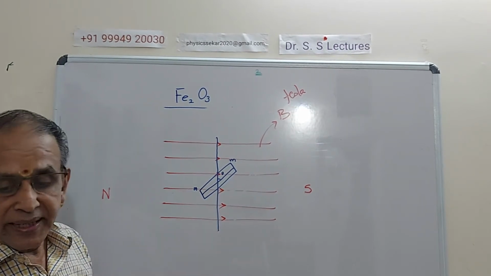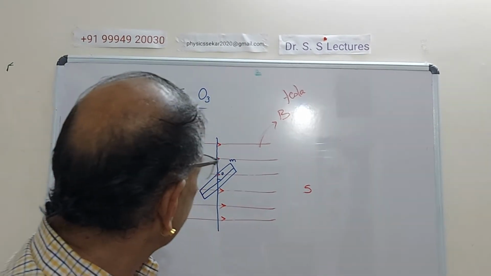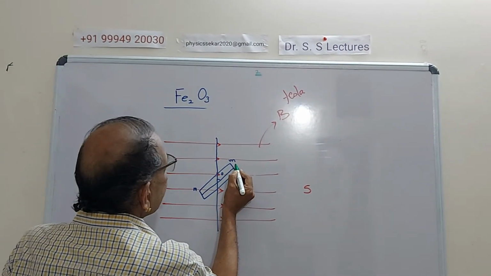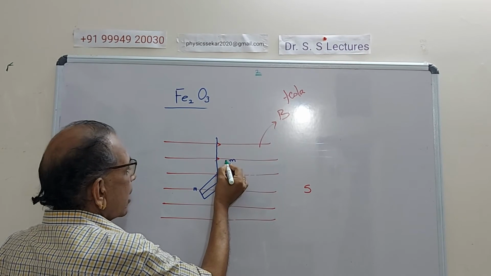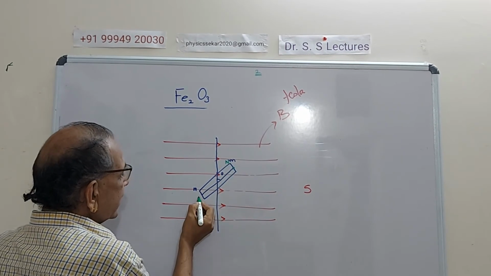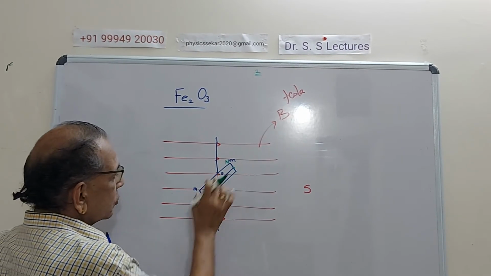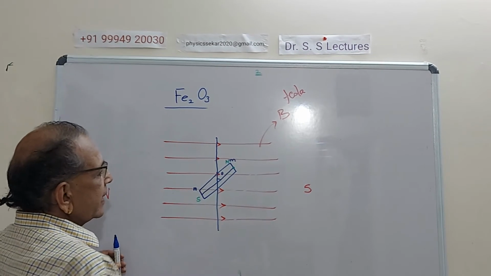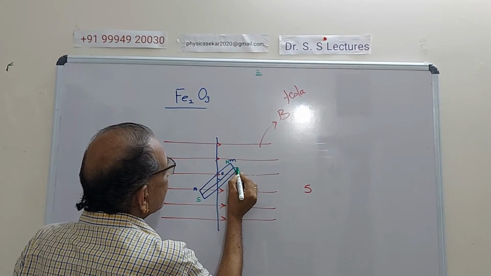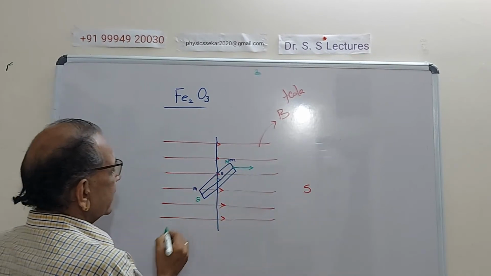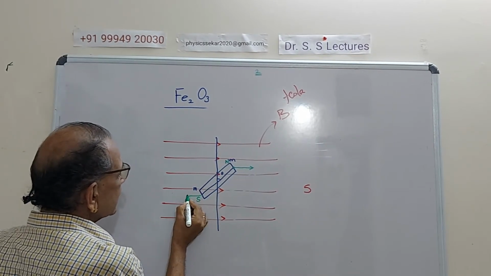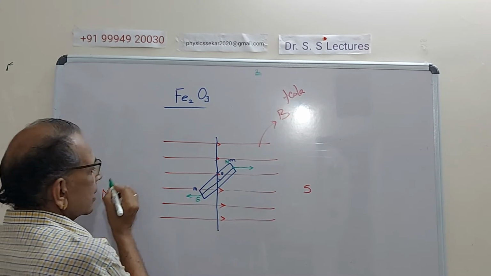So at this point, remember this magnetic pole here, which is the north pole, and this, if I consider as the south pole of the suspended magnet, is experiencing a force of attraction towards this southern side. This experiences a force of attraction towards the northern side.